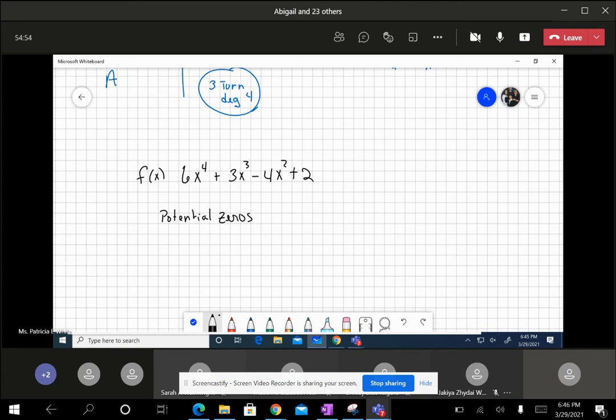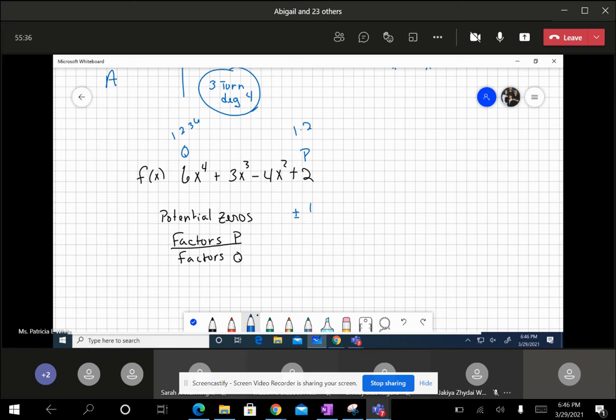What do I need to look at to find those rational potential zeros? Factors of P over my factors of Q. And you've got to remember that your first term is Q and your last term is P. So my factors of Q are 1, 2, 3, and 6. My factors of P are 1 and 2.